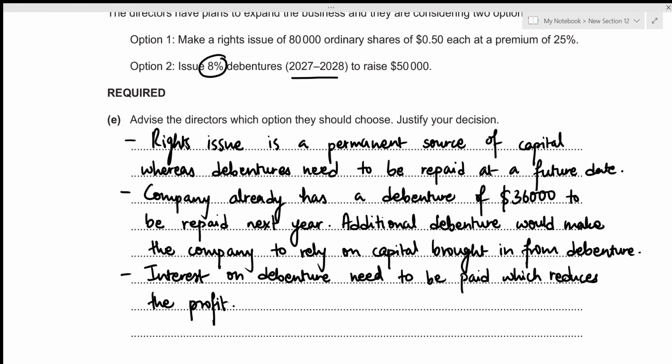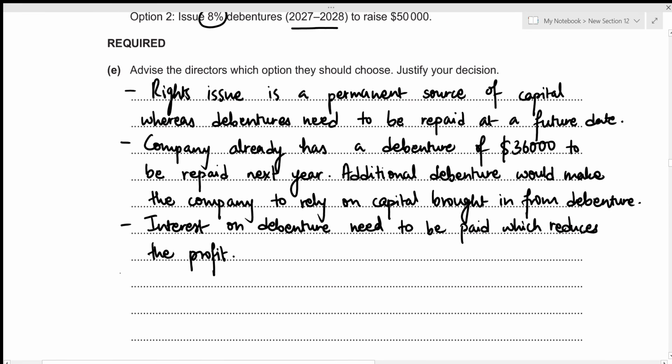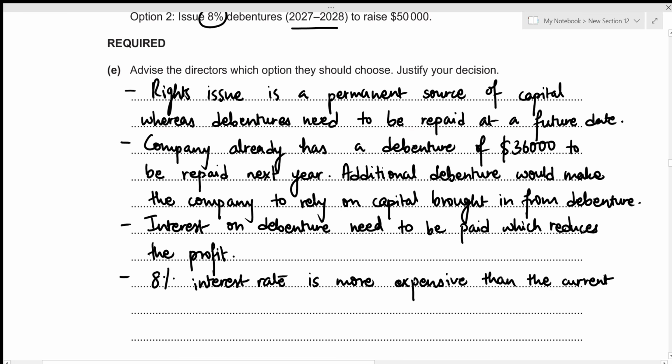And we can also write that the 8% debenture rate is more expensive than the current debenture. So 8% interest rate is more expensive than the current debenture.